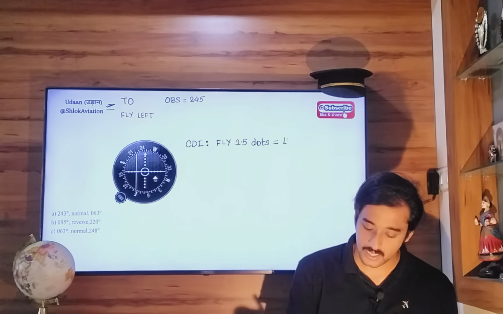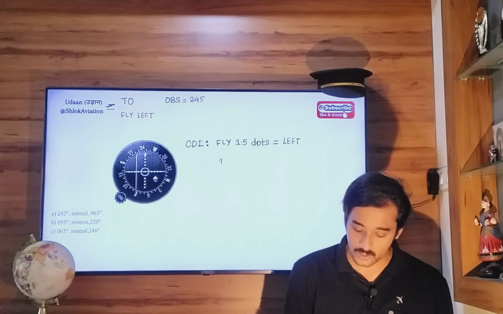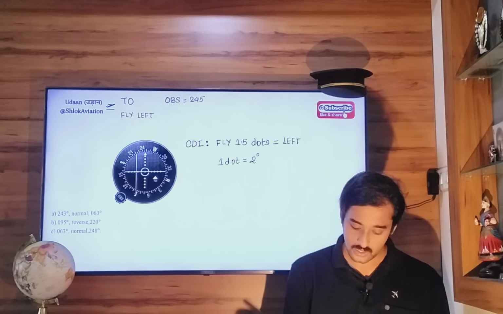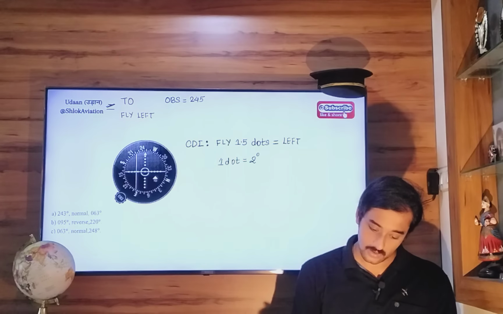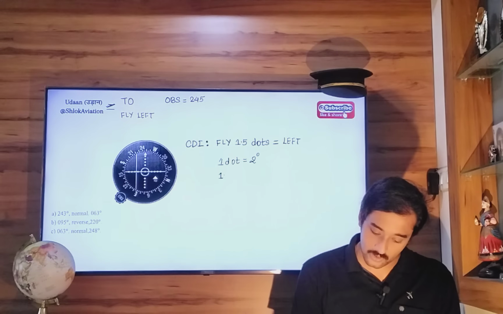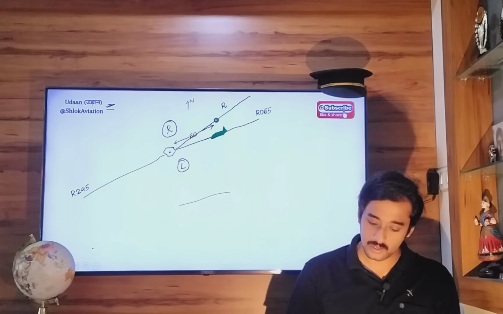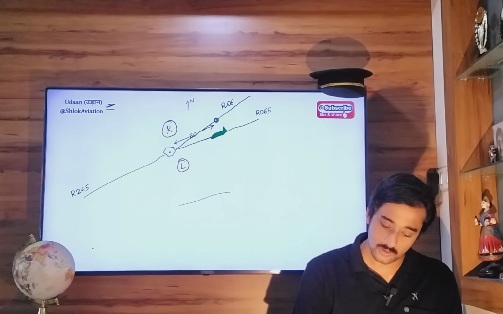Now for VOR calculations, 1 dot is equal to 2 degrees. So 1.5 dots will be equal to 2 times 1.5, that is 3 degrees. So you are on radial 065 minus 3, 062.